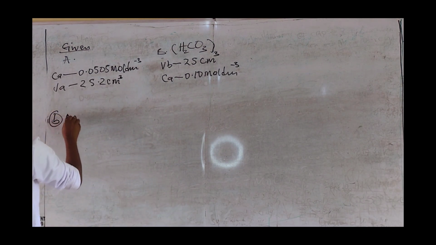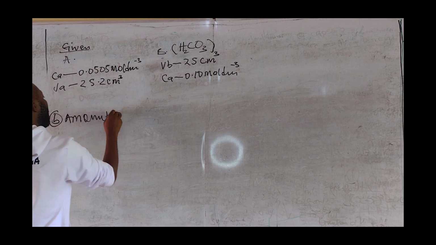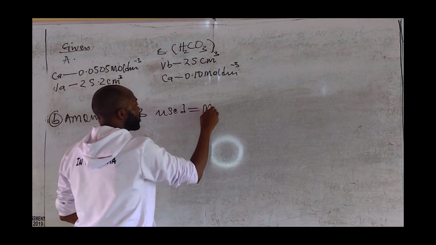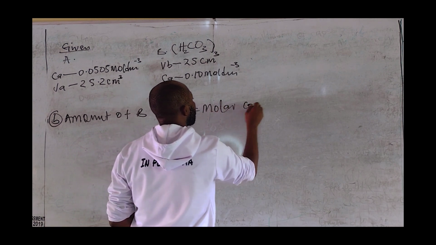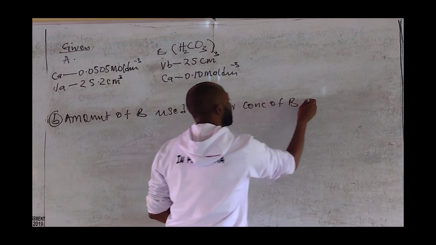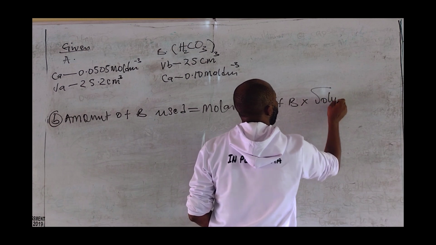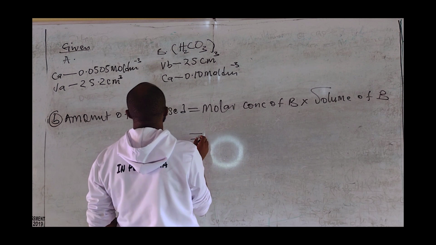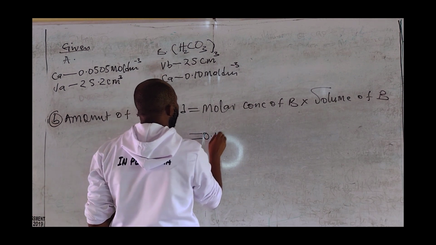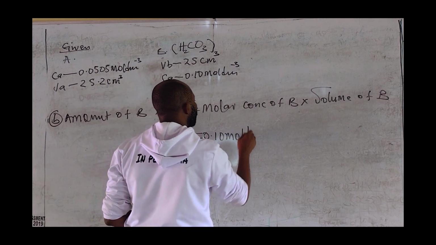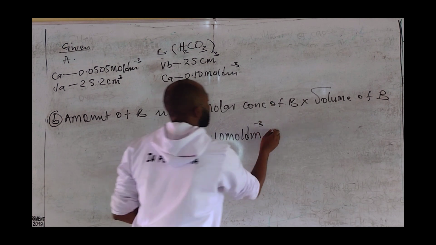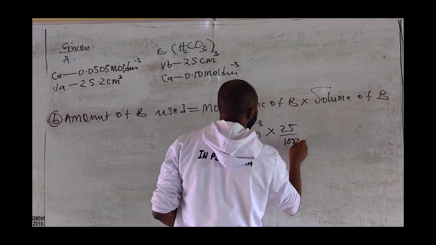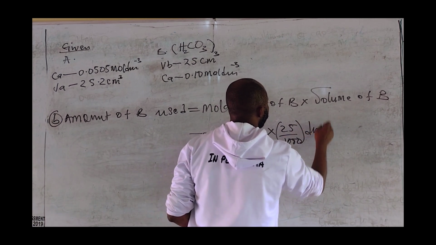B, amount of B used is equal to molar concentration of B times volume of B. The molar concentration of the base is 0.10 mole per dm³, times the volume, 25 over 1000 in dm³.